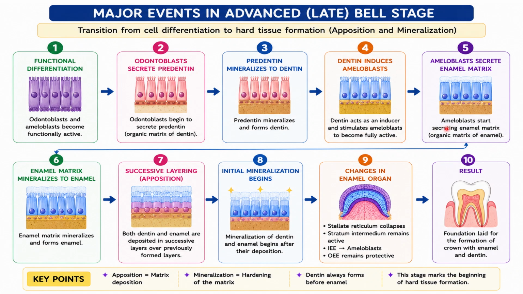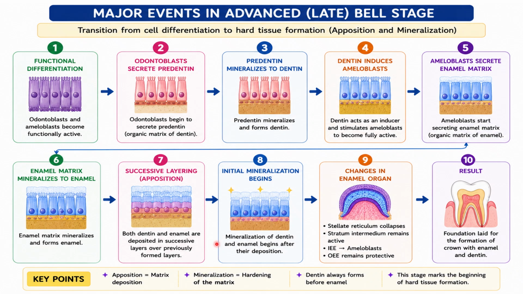The ameloblasts then start secreting the enamel matrix, and the enamel matrix mineralizes and forms enamel, and this is followed by successive layering, that is apposition. In this, both dentin and enamel are deposited in successive layers over previously formed layers.